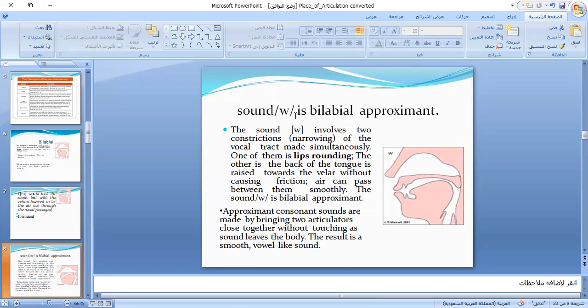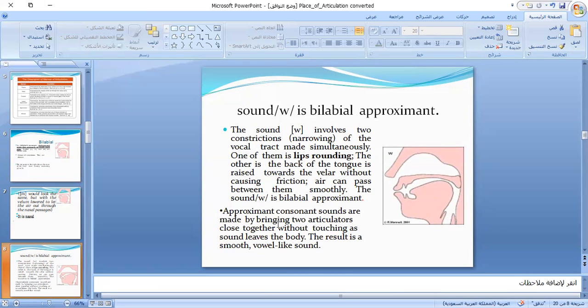Now, say the sound wa and put your finger inside your mouth. Look at the image here. You find that the back of the tongue is raised towards the velum. But still there is a very narrow space through which air can pass without causing any friction.